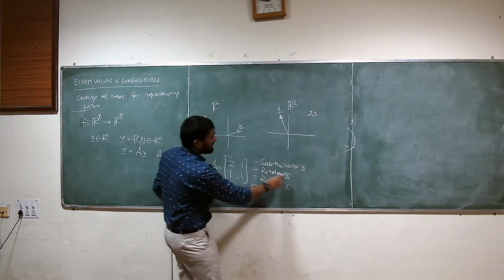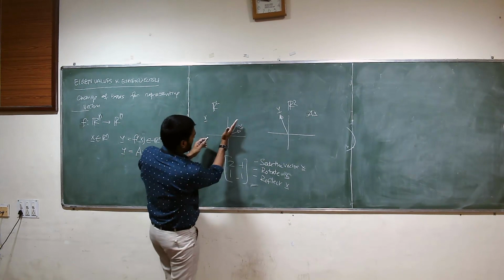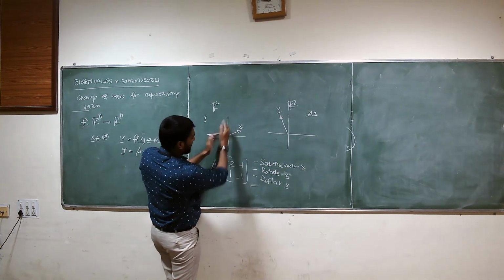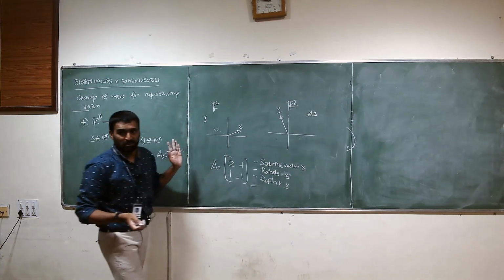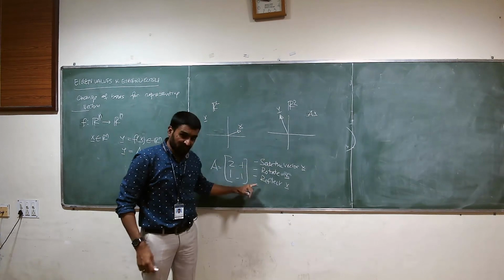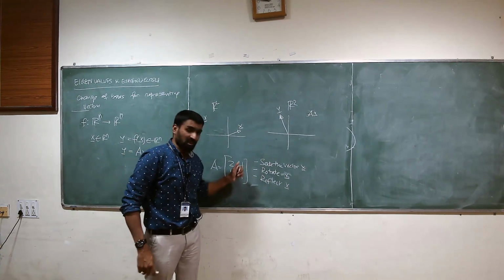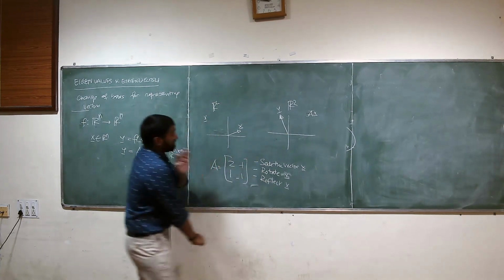Or it could have done a reflection operation. Reflection is where it's as if you keep a mirror. For example, if I want to reflect this vector about the y-axis, the corresponding reflection would be this. So geometrically, what A is doing is essentially one of these, or a combination of all three of these operations.